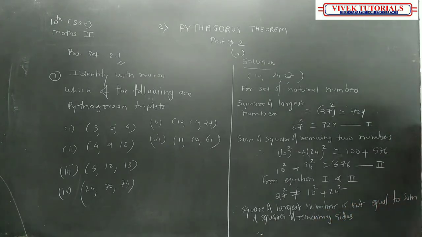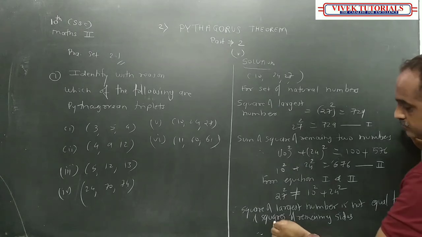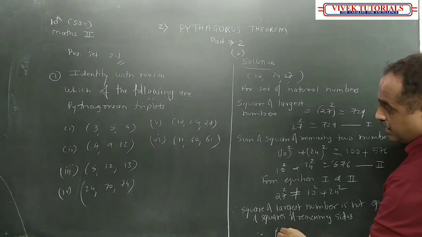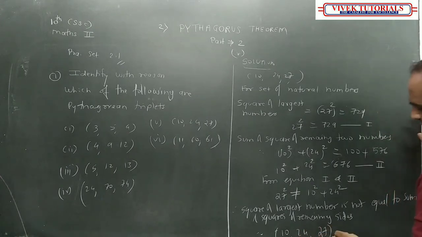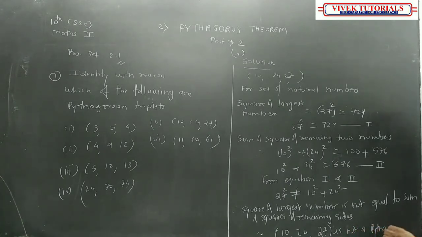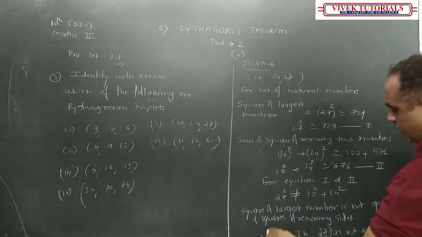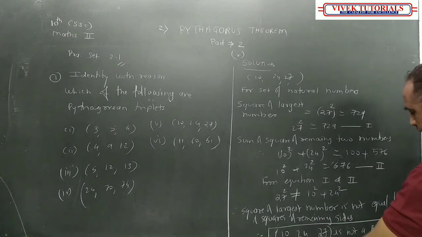Therefore, 10, 24 and 27 is not a Pythagorean triplet. This we put in the box and copy it.